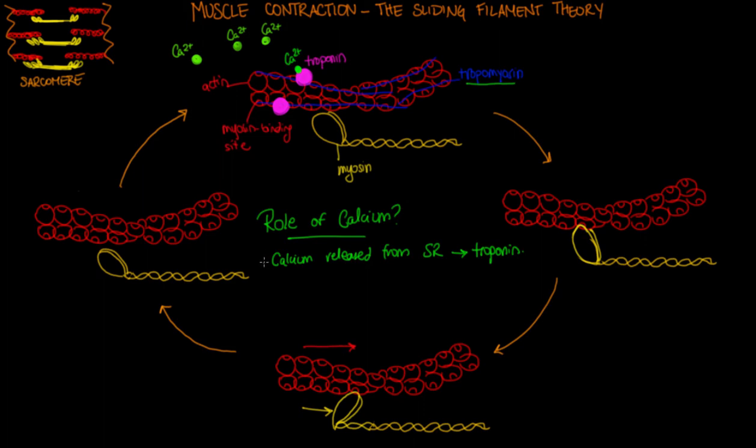So let's summarize. Calcium is released from the sarcoplasmic reticulum and it can bind troponin. The next step is that troponin will change shape, and this shape change is going to allow tropomyosin to be displaced, so it moves tropomyosin out of the way.